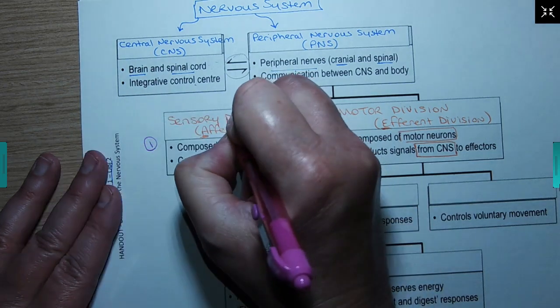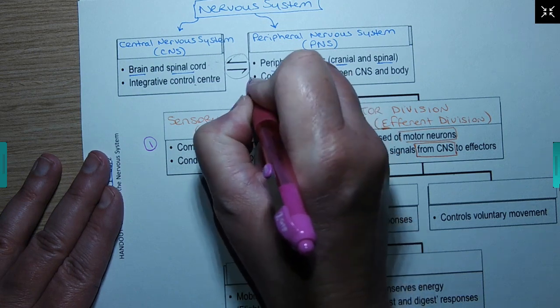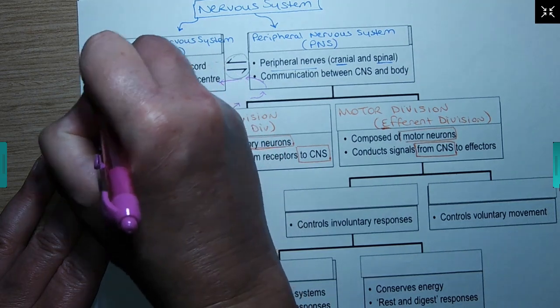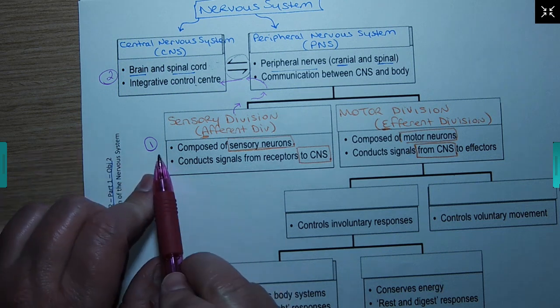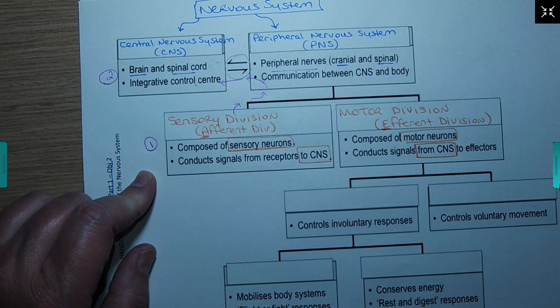So information is going to go from the sensory division through the peripheral nervous system to the brain and spinal cord for processing. Now, the brain and spinal cord is going to figure out what to do with this incoming information. So, for example, if your body temperature was too high, and I know I keep using body temperature as an example, but that's because it's one we pretty much are okay with.